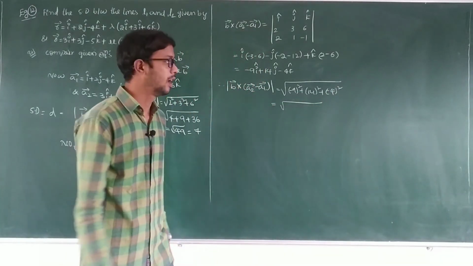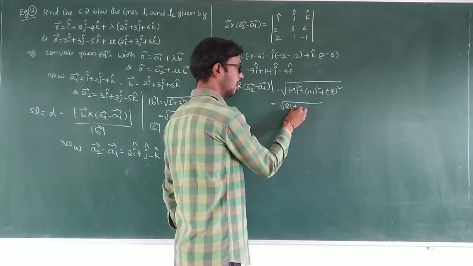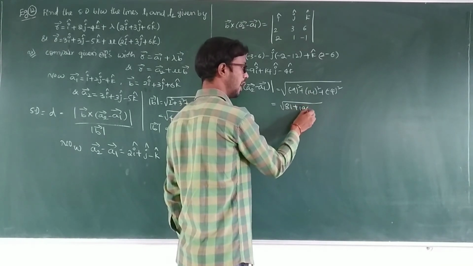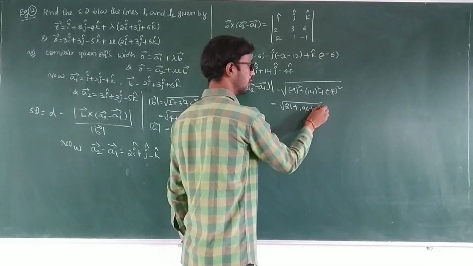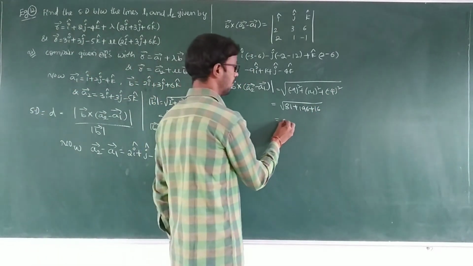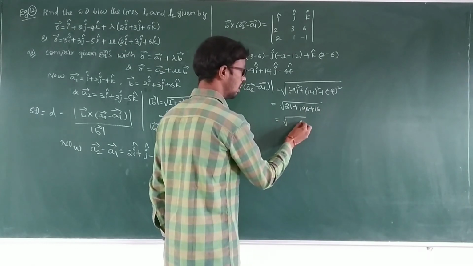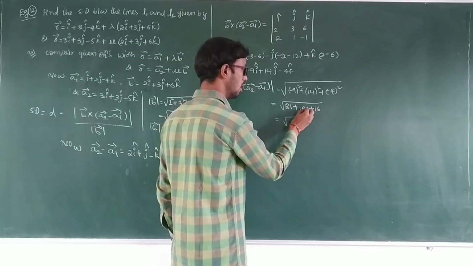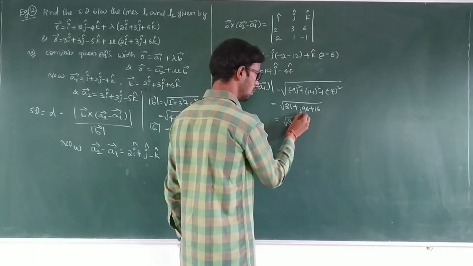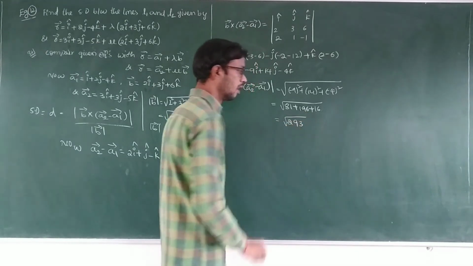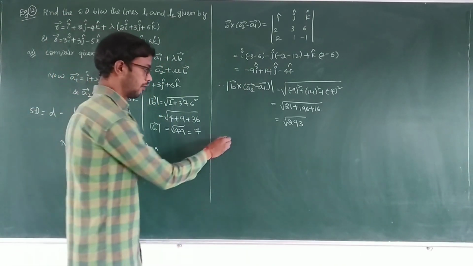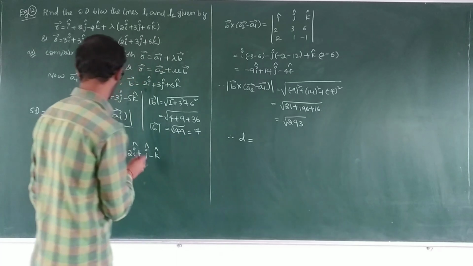How much will it be? 9 9s are 81, 14 14s are 196, plus 4 4s are 16. If we make the simplification, we will get square root of 293.